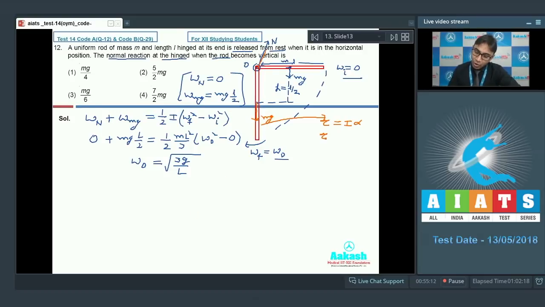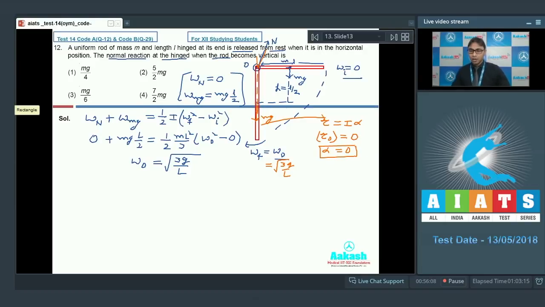The torque about O: mg is passing through this O and the normal is also passing through this point O, so the torque about O at this point will be 0. So alpha at this point will be 0. So in the vertical position, omega naught is root under 3g by L and alpha is 0, right? Now we know the angular velocity and angular acceleration at this vertical position.